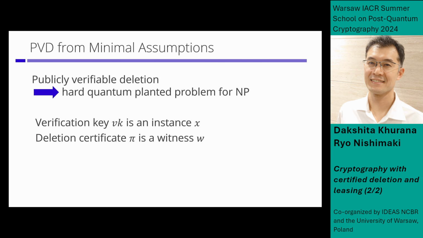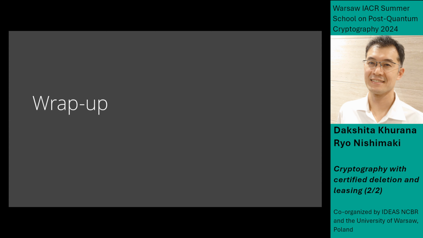So for example, we can apply that compiler to standard public key encryption, which means that we assume the existence of public key encryption. It implies the existence of a signature scheme. So we don't need any additional assumption to achieve public verifiability.